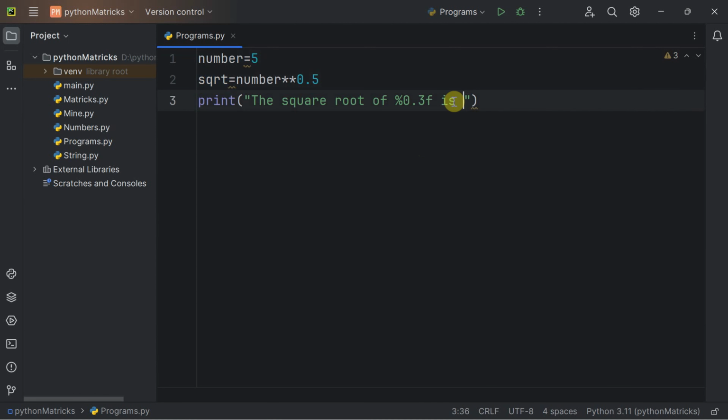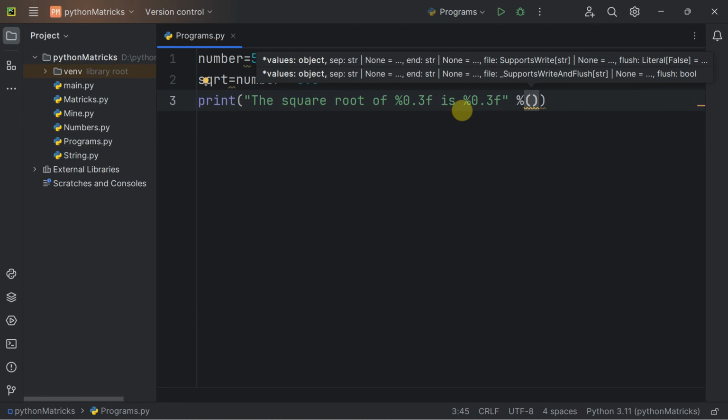Placeholder of square root, you're going to also write percentage 0.3f. After that, you're going to use percentage for the values. I'm going to write number, comma, and I'm going to write square root.